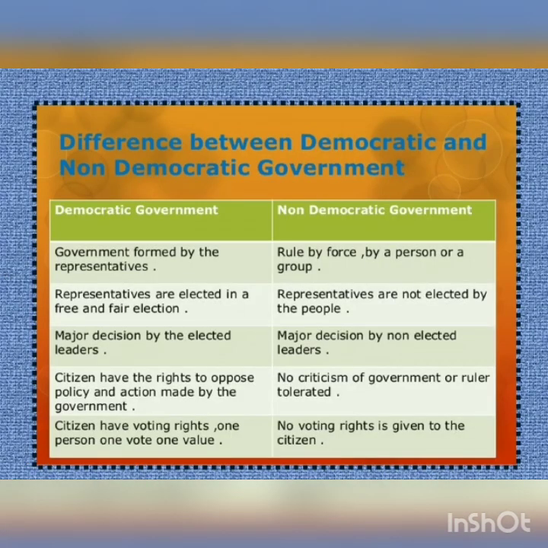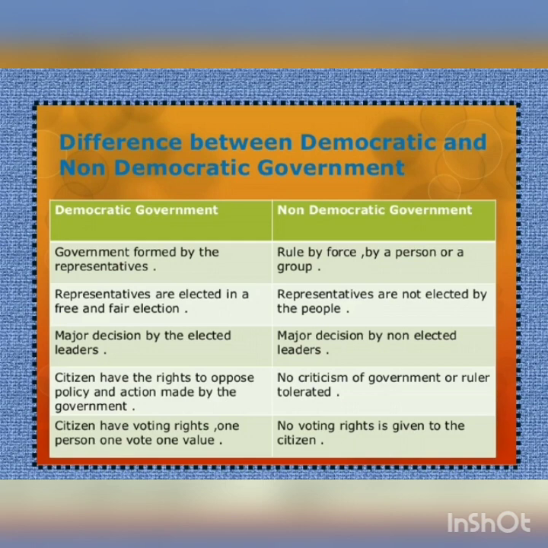To begin with, we need to understand how a democratic government is different from a non-democratic government. A democratic government is a popular government. That means it is chosen by the people and is formed by the representatives of the people.